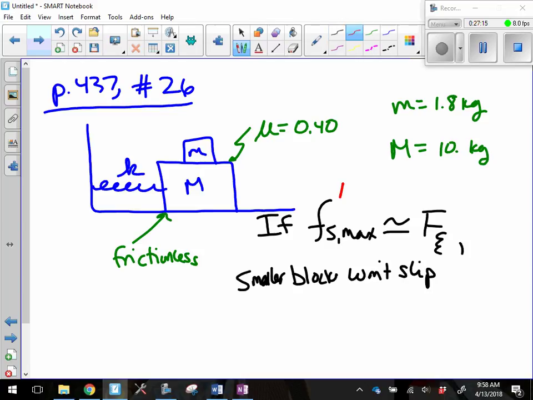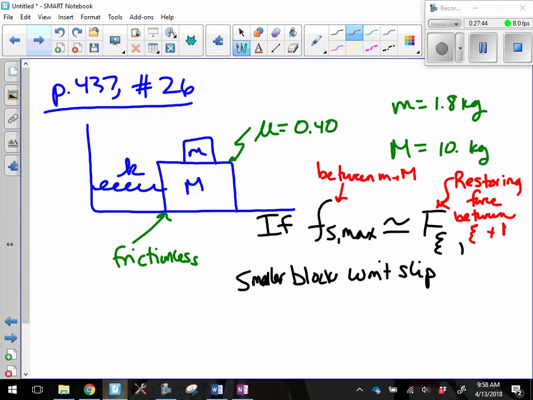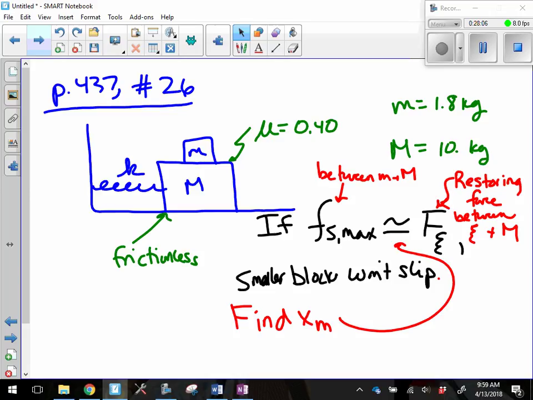Remember that this is between little m and big M. And this is what we call the restoring force, between the spring and big M. And so we're going to find x max for that condition, that Fs max is equal to the force from the spring.